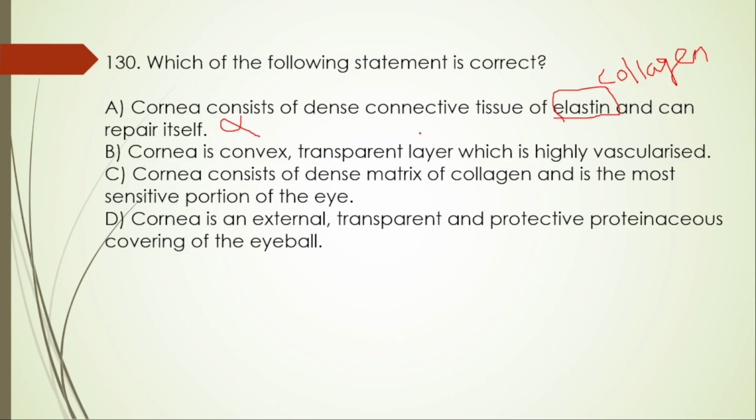This is incorrect because it is not highly vascularized, it is avascular, that is, it lacks blood vessels. Next, cornea consists of a dense matrix of collagen and it is the most sensitive portion of the eye. Yes, this one is correct. Cornea is an external transparent and protective proteinaceous covering of the eyeball. This one is wrong.